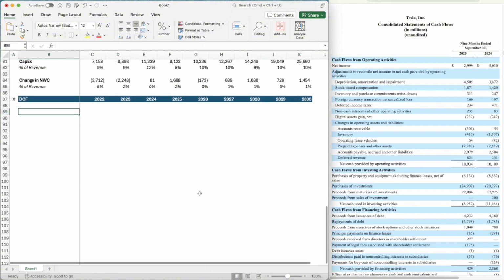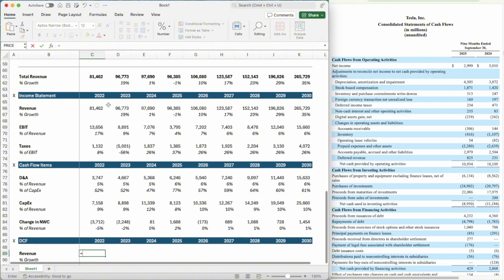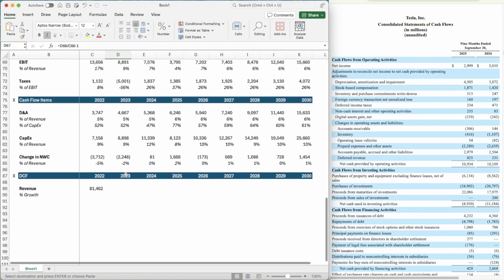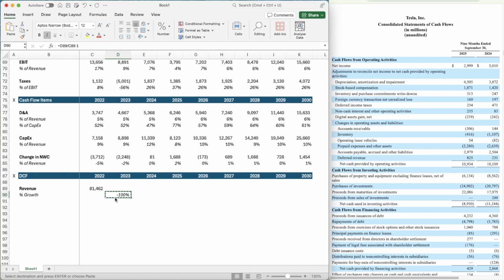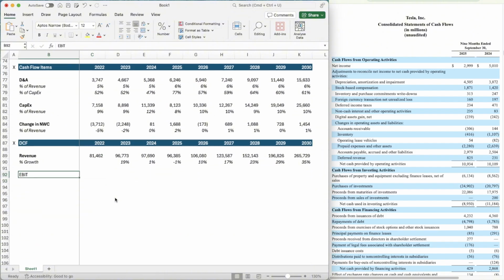Again, we're going to copy down the revenue from the top, to make this equal to here. Just pull this along. There we go. Then we want the EBIT.